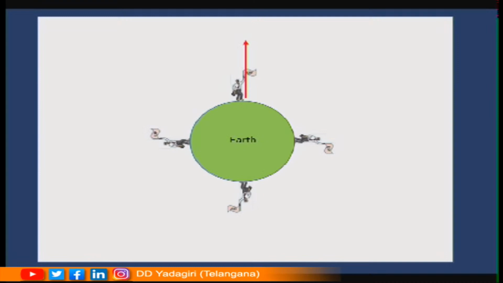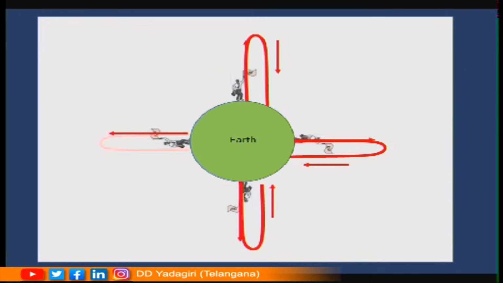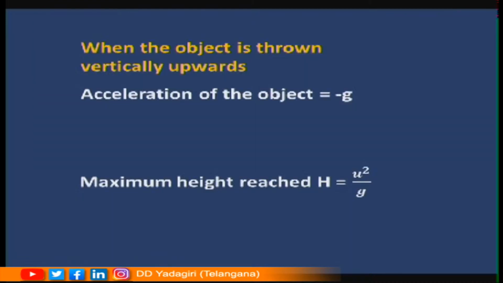When a person throws an object upwards, it comes down, and similarly at all places on the globe. So, wherever we are on the globe, whenever we throw an object upwards, it will always reach the earth. When an object is thrown vertically upwards, acceleration of the object is minus g, and the maximum height reached by the object is h equal to u square by 2 g.